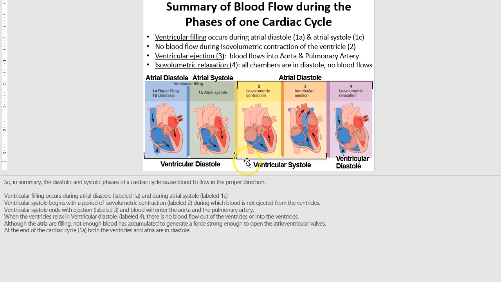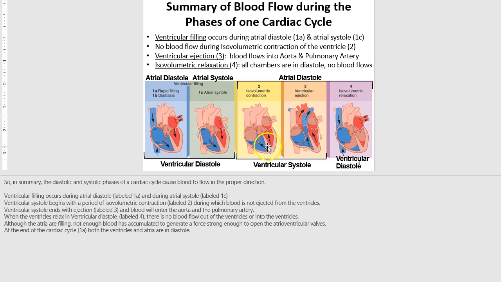Ventricular systole begins with a period called isovolumetric contraction. What that means is no volume of blood changes in the ventricle. There's no change in volume of blood. But the wall of the ventricle is building up force through its contraction.